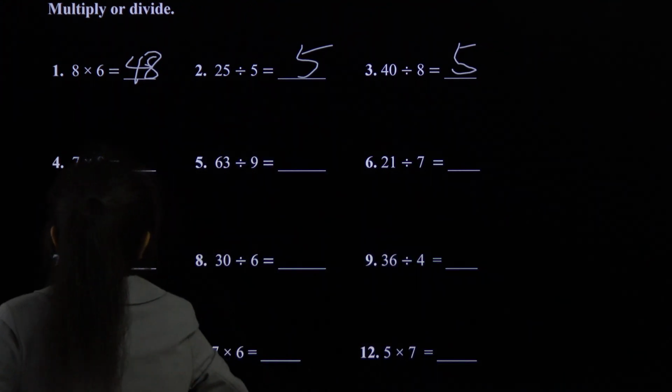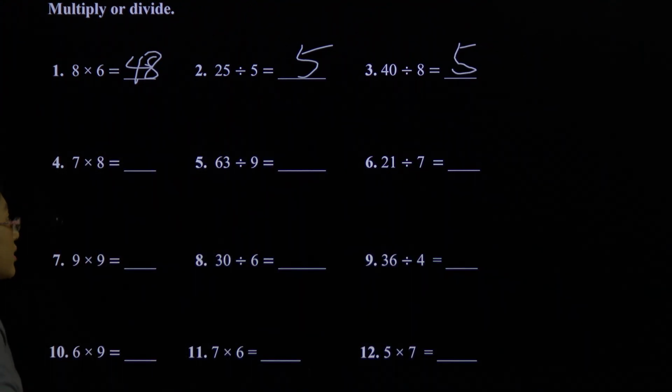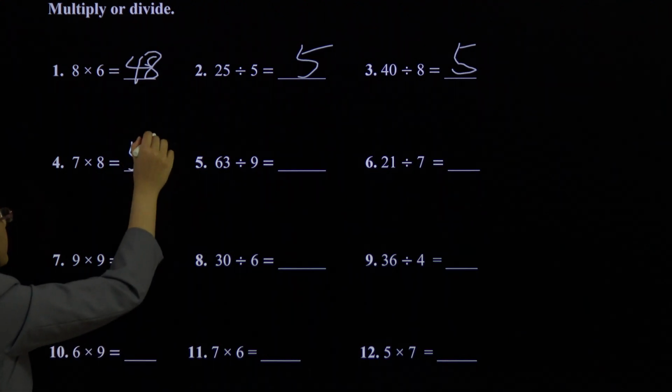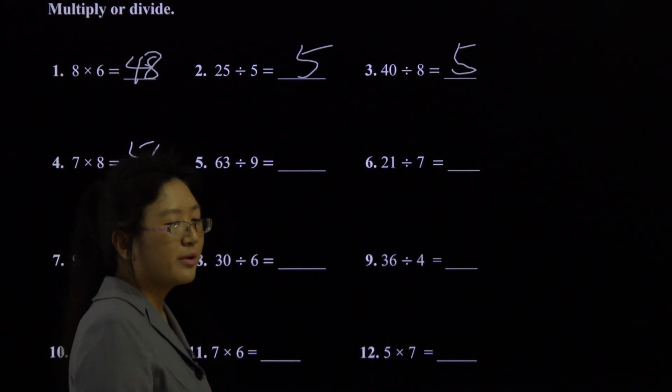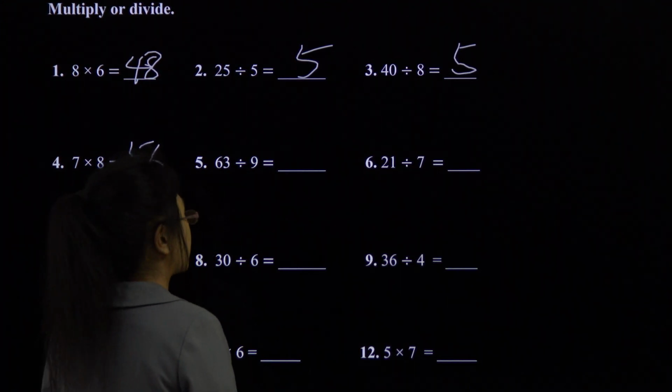7 times 8 equals 56. 63 divided by 9. You remember that 7 times 9 equals 63.